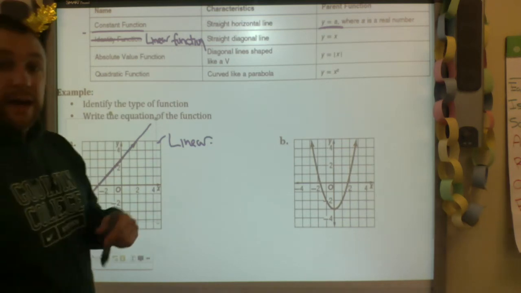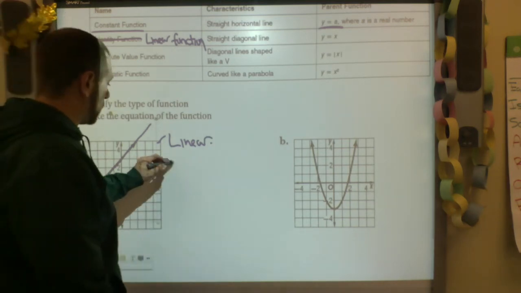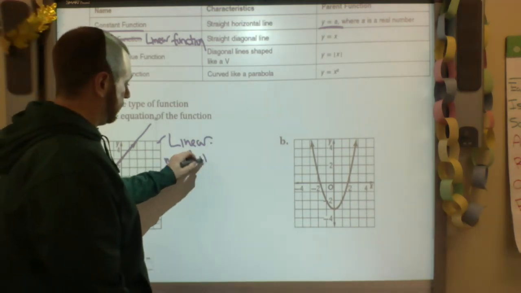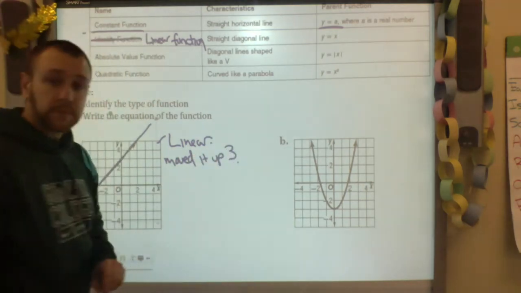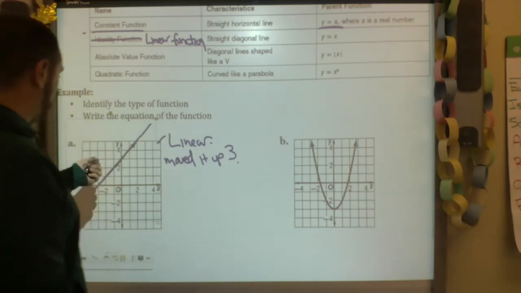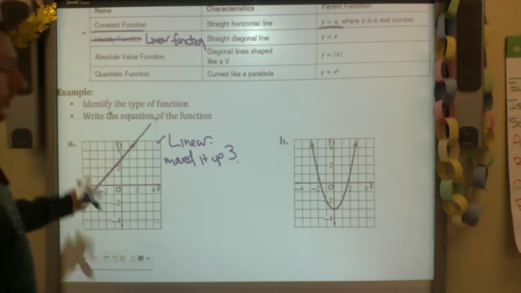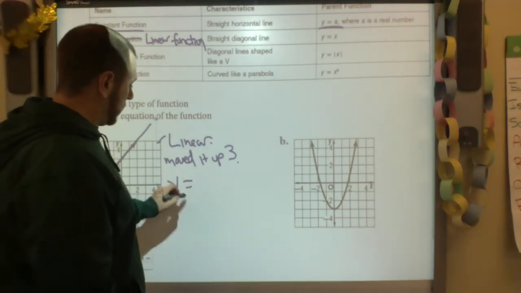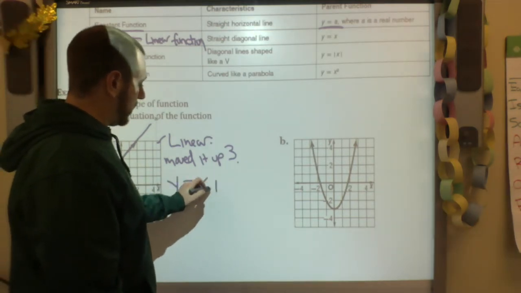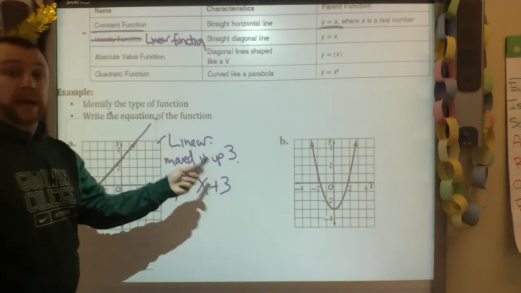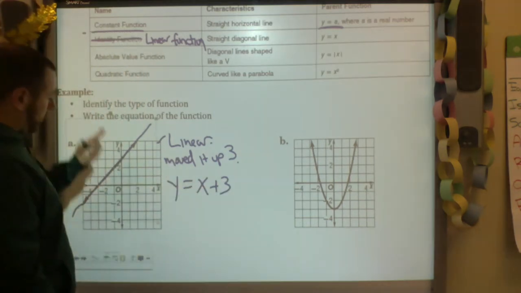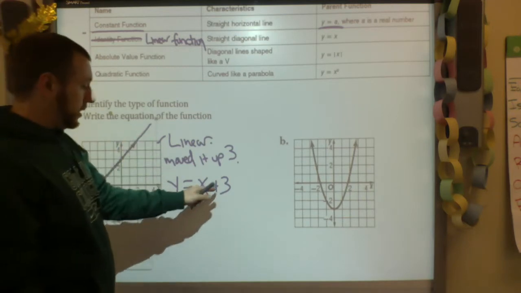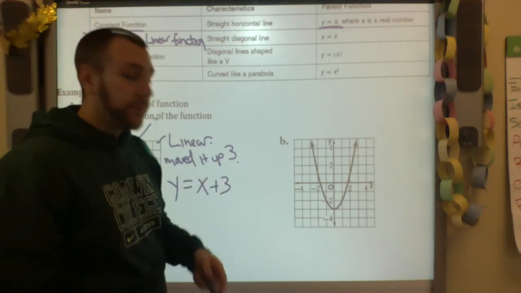How much did I move it up? I moved it up 3. So how am I going to write that? The slope didn't change, and I put y equals x plus 3, because that's my k. Moving it up just means that I'm adding 3.